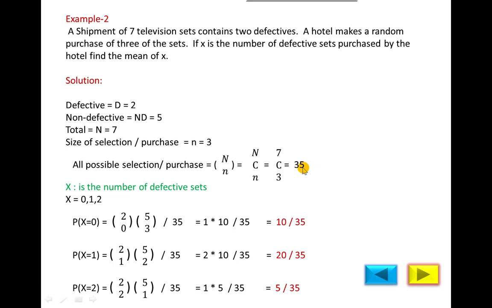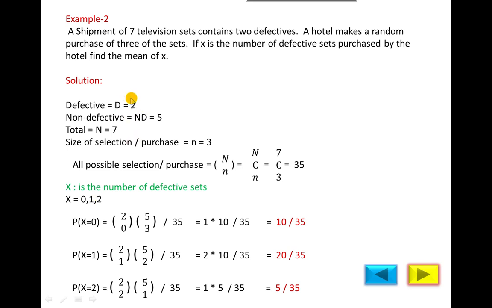The possible outcomes we will write in the denominator, and x is the number of defective sets. This is the probability, so we will convert the table into a probability distribution table. Possible values of x will be 0, 1, 2.